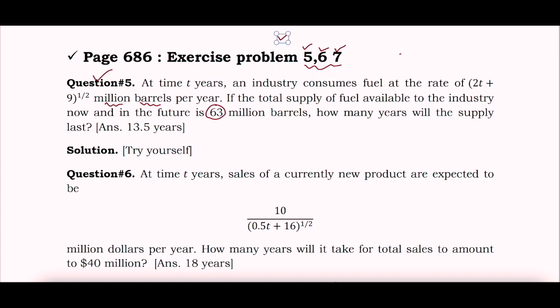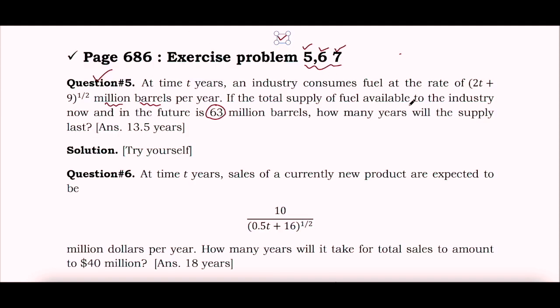So let me solve the problem. Let's say the supply will last for x years. So according to the question, we can write lower limit will be what? Lower limit will be 0 and upper limit will be x.